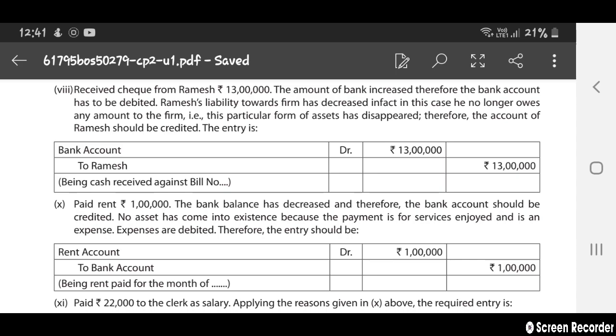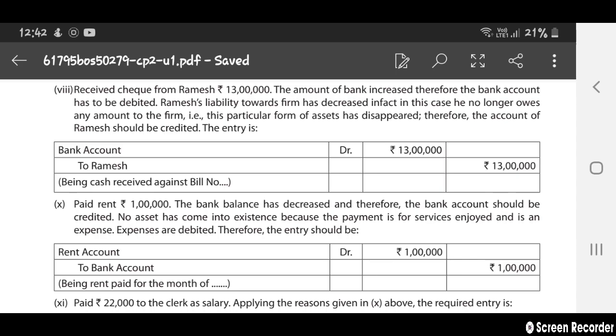Ramesh's liability towards the firm has decreased. In fact, in this case he no longer owes any amount to the firm. This particular asset has disappeared. Therefore, the account of Ramesh should be credited.